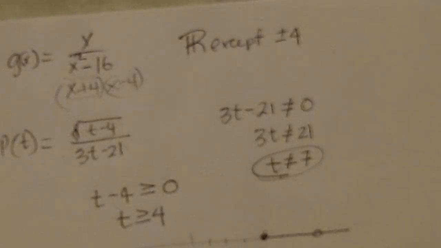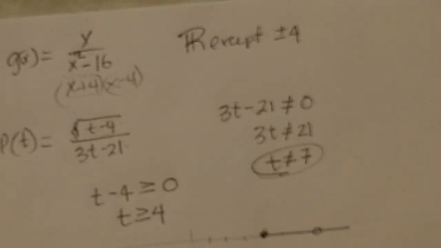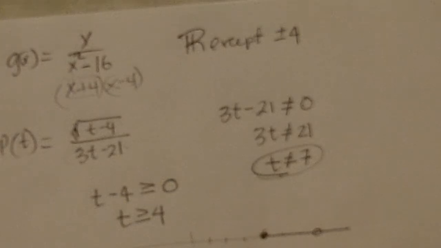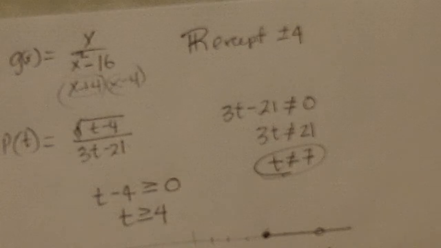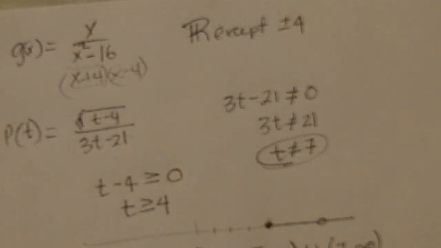I could write that in words, or in interval notation, I can use 4 up to 7, union, and not including 7, so that's why it's a parenthesis, from 7 to infinity. Okay?